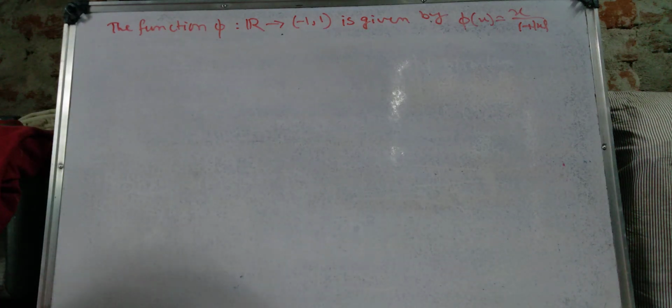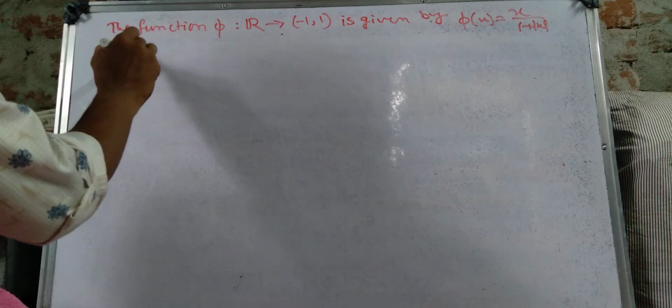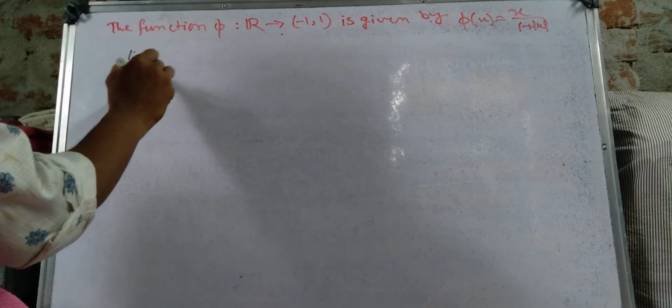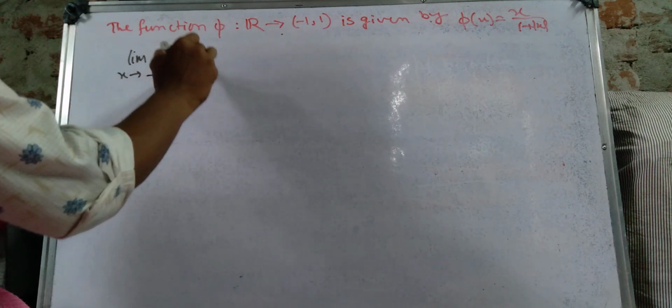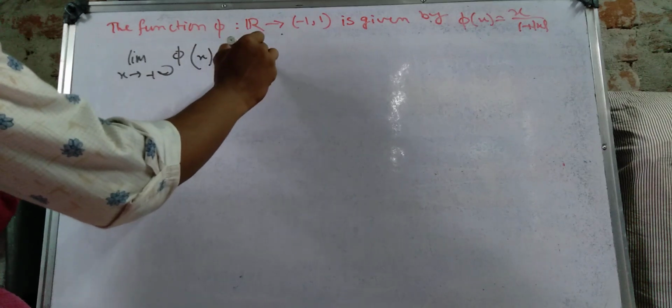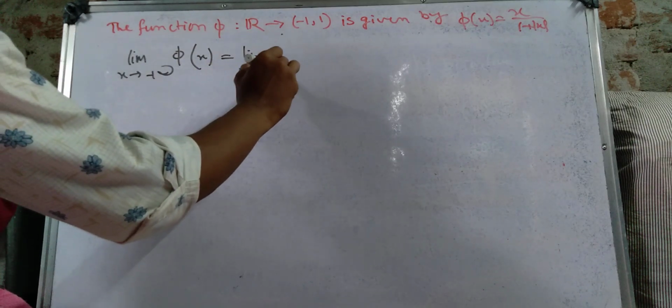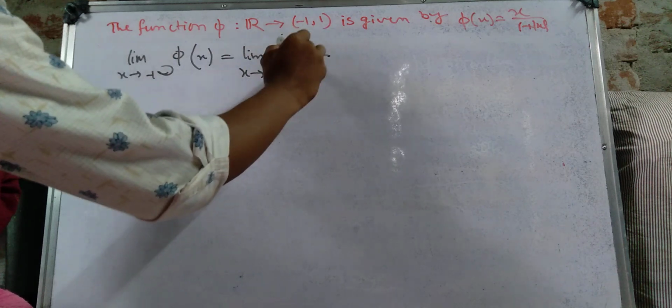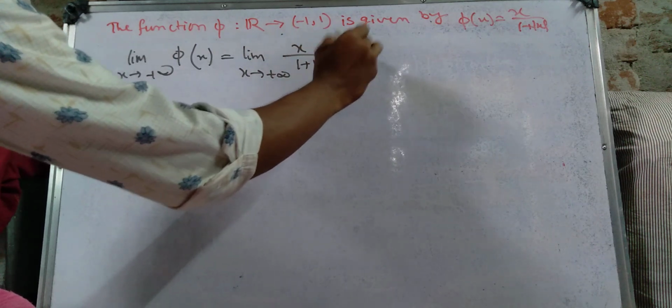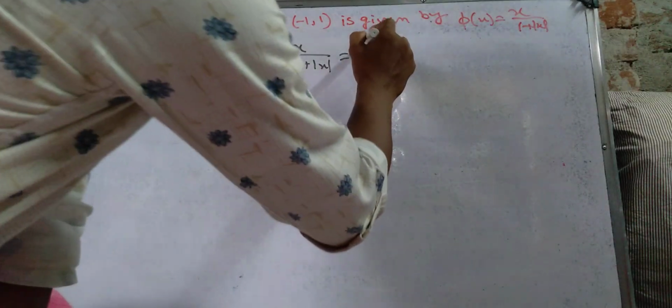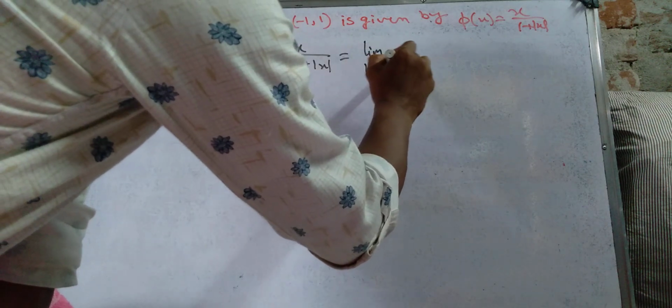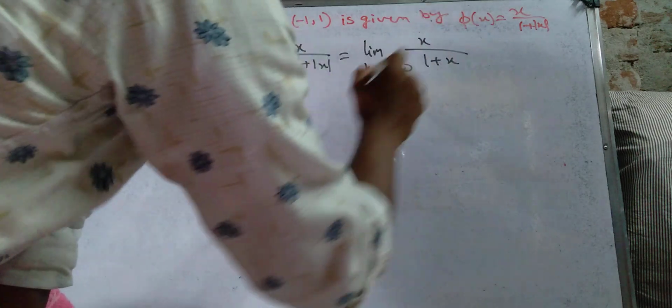Okay, so limit as x tends to plus infinity of phi x equals limit as x tends to plus infinity of x by 1 plus mod x, then limit as x tends to plus infinity of x by 1 plus x.